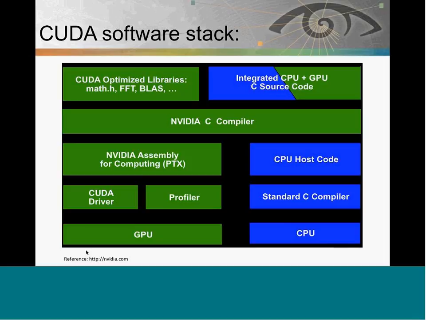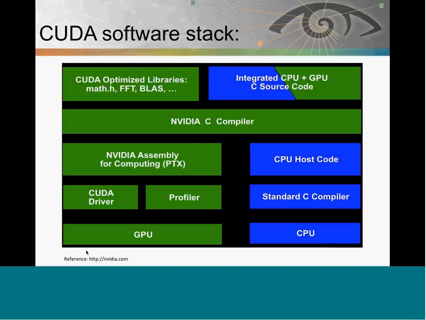Here is the idea of how CUDA software looks. On the left, the first box says CUDA optimized libraries like FFT, BLAS, LAPACK, and so on. Those are libraries for CUDA. Then you have the integrated CPU and GPU code at the top level.